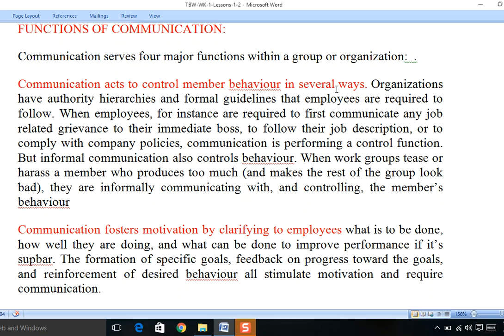Communication is actually controlling people's behavior and driving them into the desired behavior. For example, employees want to do something different, whereas urgently some other thing has popped up. This is called controlling the behavior.